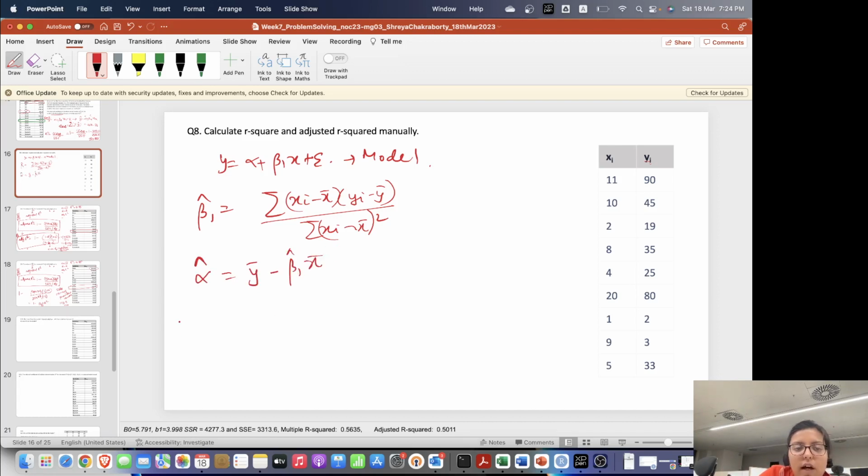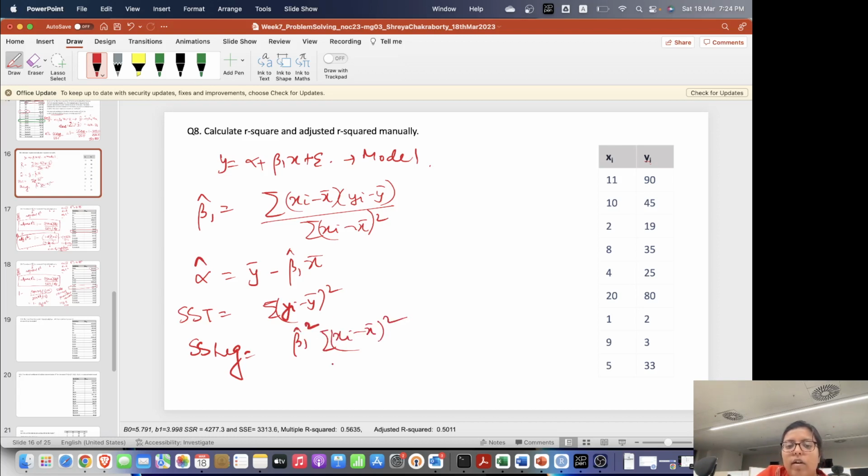From these two I will get the SST, summation (yi minus y bar) whole square. We will get the SS residuals, or rather we will get SS due to regression as beta 1 square times summation (xi minus x bar) whole square.